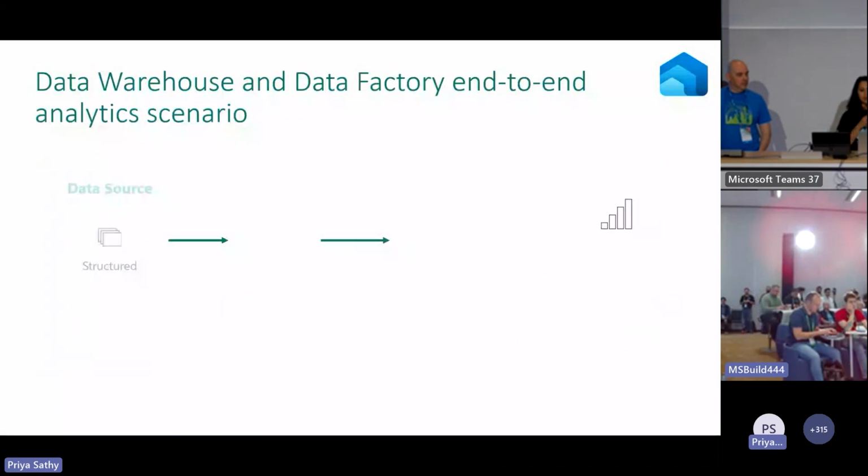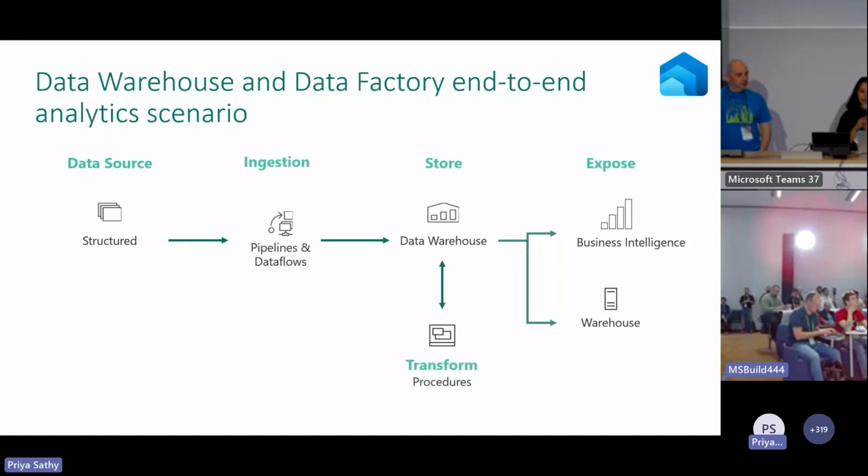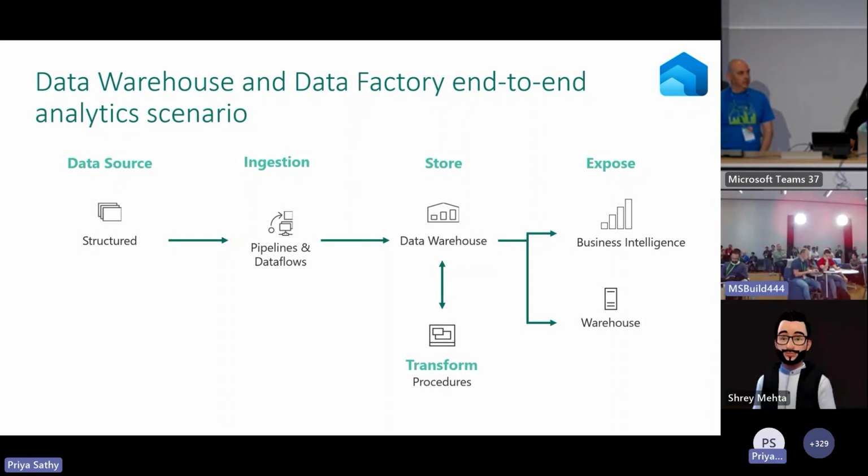In this session, we are going to talk about our data warehouse core scenario, which is, you guys are all here, folks, hopefully with a SQL background and interested in warehousing. You're using this sort of pattern where you're getting your data, landing it into the warehouse, either using pipelines, data flows, or the copy command, and you're transforming it and building insights, whether using Power BI for your BI or other querying techniques.